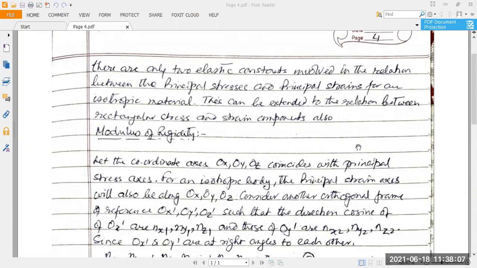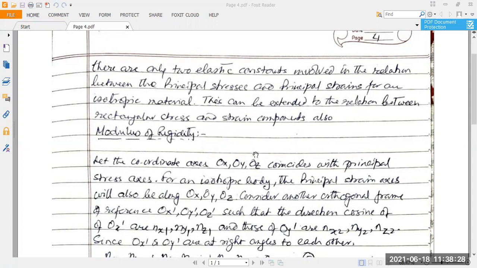Now let us start with the coordinate axes OX, OY, OZ. It is the Cartesian coordinate system. Its origin is O, with one axis along x, one along y, and one along z.